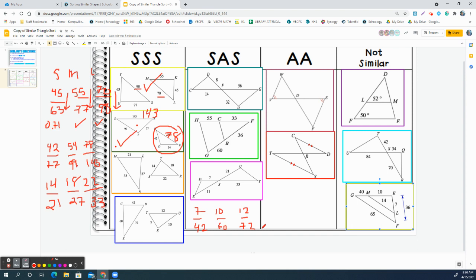So which one stays and which one goes? One of them is similar and one of them is not similar.